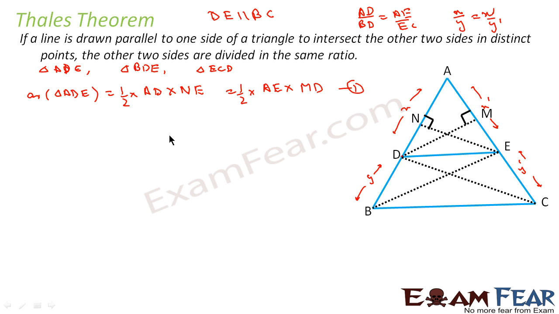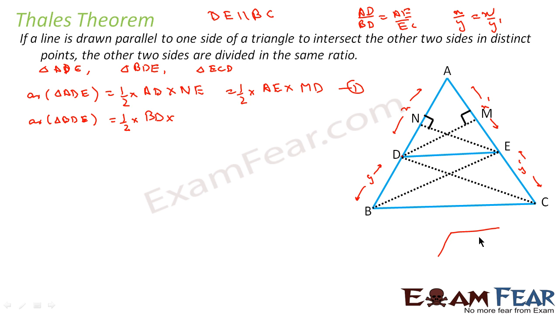Now we have triangle BDE. Let's try to find the area of this triangle. Area of triangle BDE is nothing but 1 by 2, base is again BD here, right? The height of this triangle is this one. Why? I'll tell you by example.